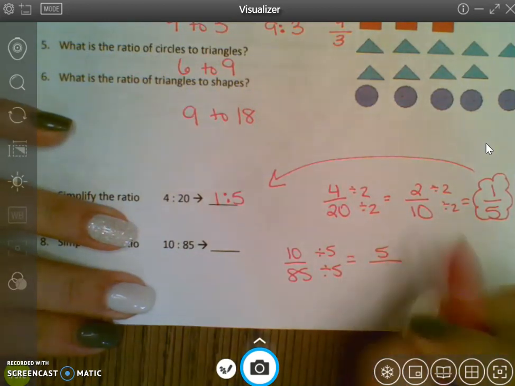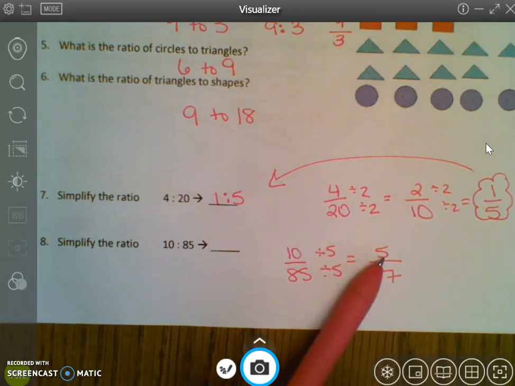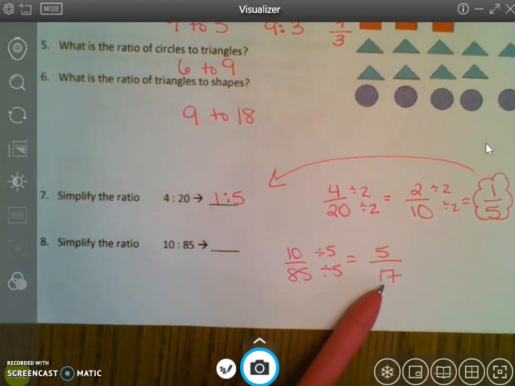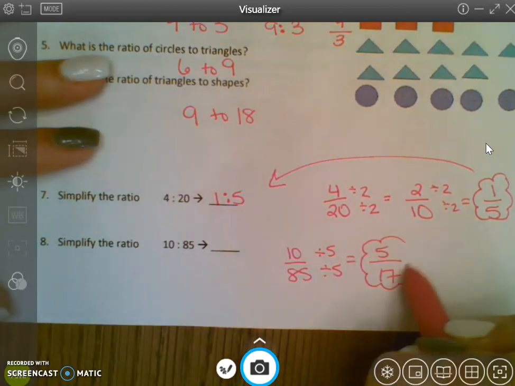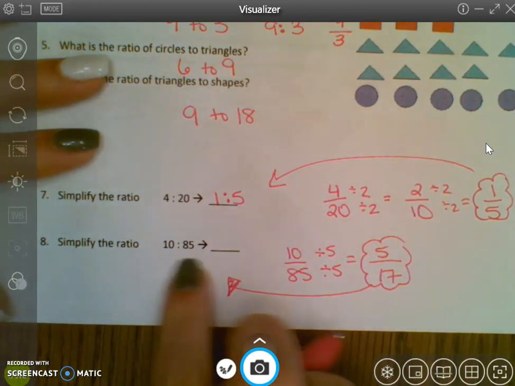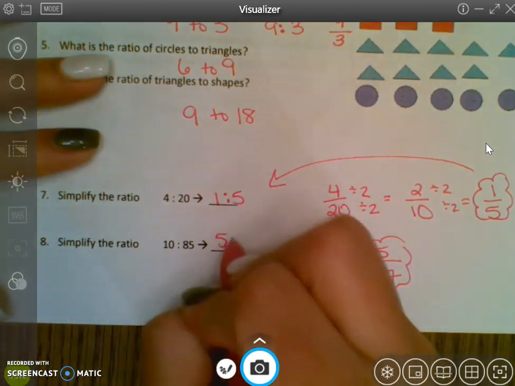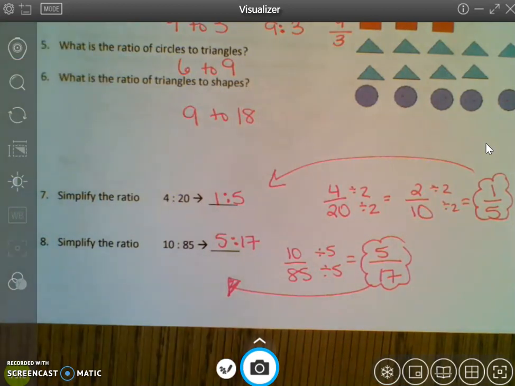So that's 5 over, what's 85 divided by 5? 17. 5 over 17. The only number that will go into 5 is 5. Will 5 go into 17? No, and 17 is prime. So you're done. Or if you wanted to write it back with the colon, it'd be 5 to 17. So remember, smaller, bigger has to be smaller, bigger. That's it.